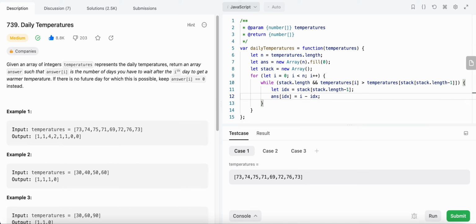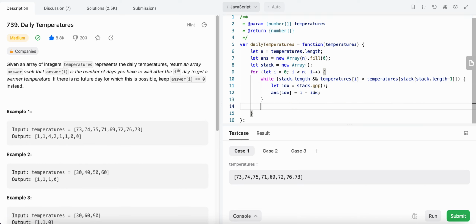And then finally we pop. Actually, we don't need the earlier step, we just need to pop, and we push our element. So yeah, we push our ith index here.